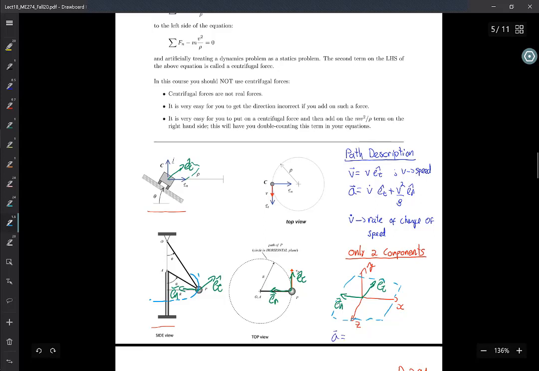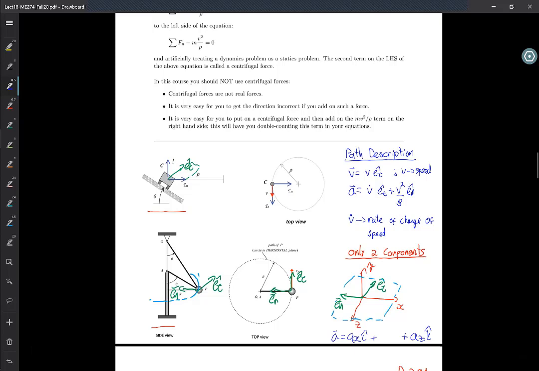And if we have the acceleration in Cartesian, we will have ax, az, and what are we going to have in the y component?